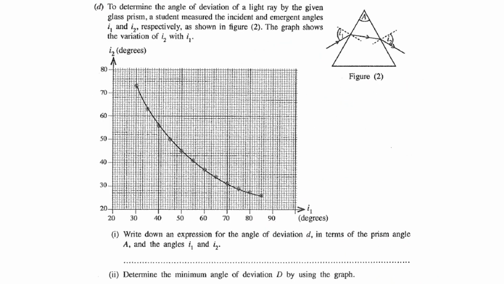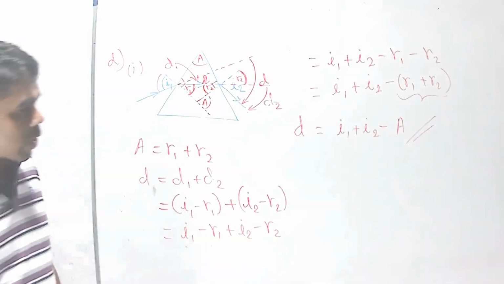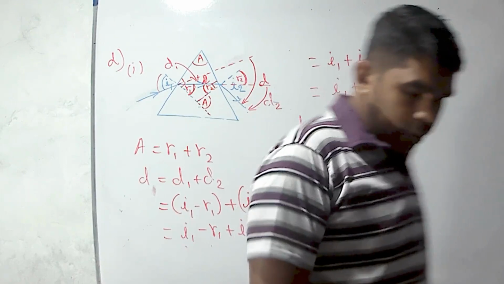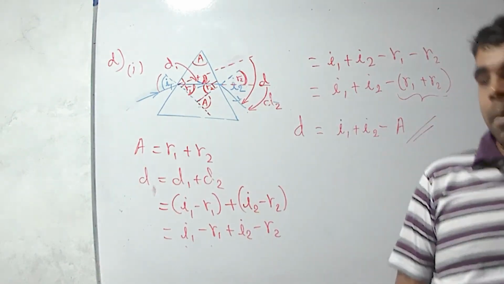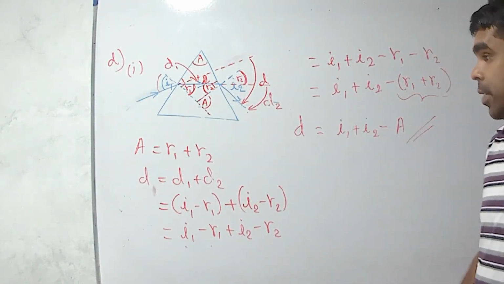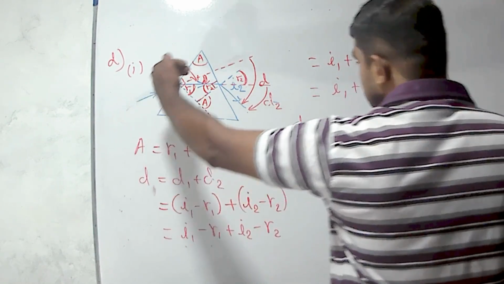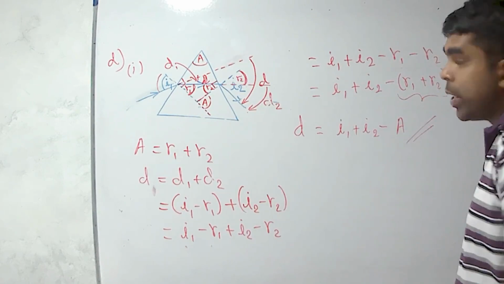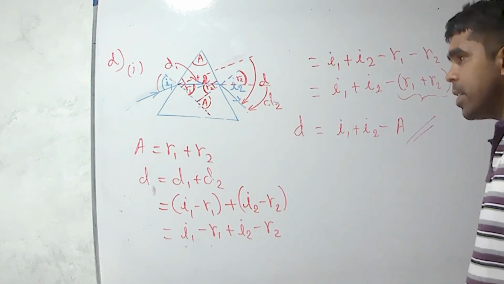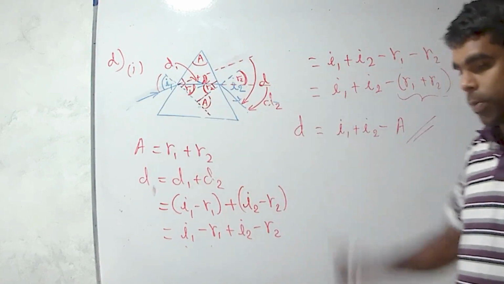Then part 2, determine the minimum angle of deviation D by using the graph. We know that for the minimum deviation, the ray should be symmetric through the prism. It means I1 should be equal to I2.